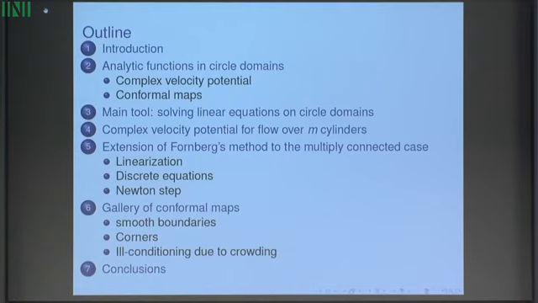I'm not going to give too many details, and even fewer for the Fornberg method, because that gets into more details than I have time for. And then if there's leftover time, we've got a gallery of pictures of conformal maps.